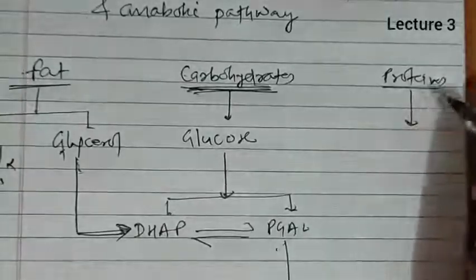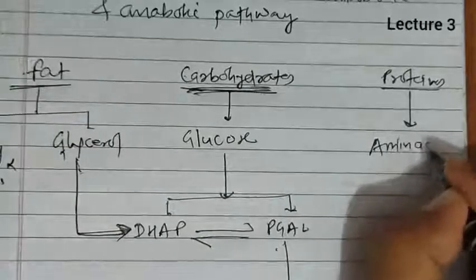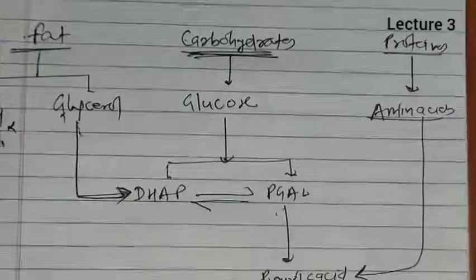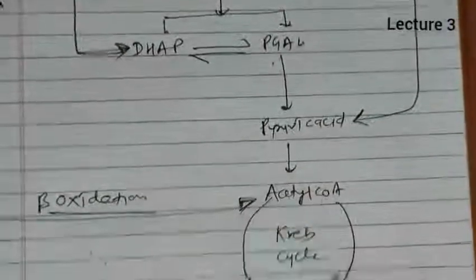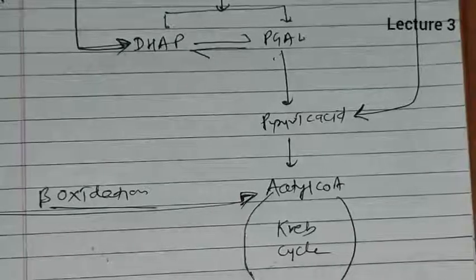It will shift to protoplasmic respiration, and proteins are broken into amino acids, and these amino acids will convert into pyruvic acid, and this pyruvic acid will undergo acetyl coenzyme A and the Krebs cycle will be formed and the cell will get energy.